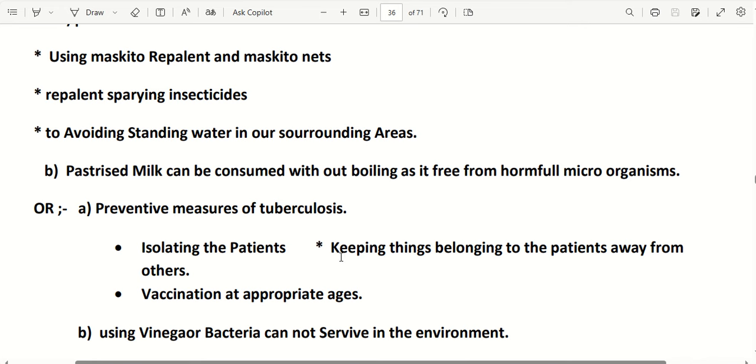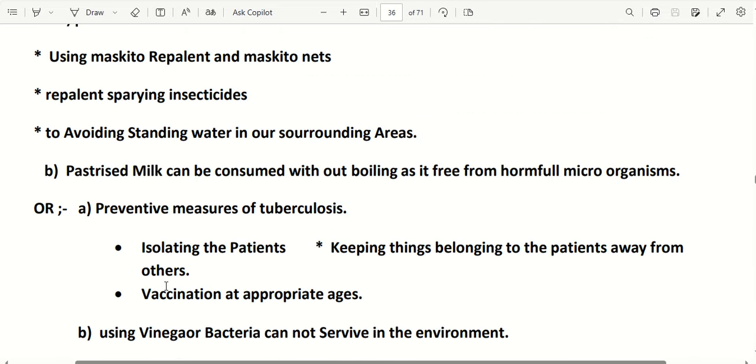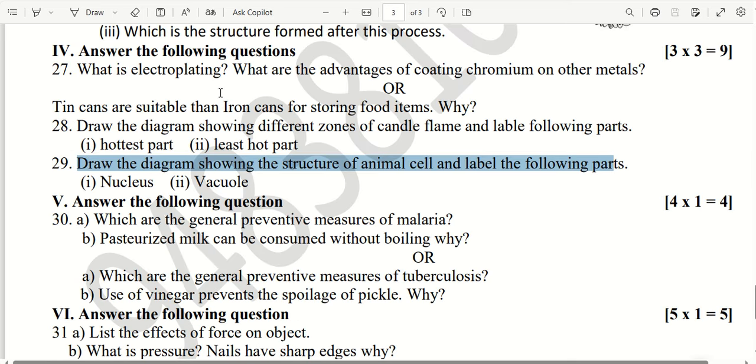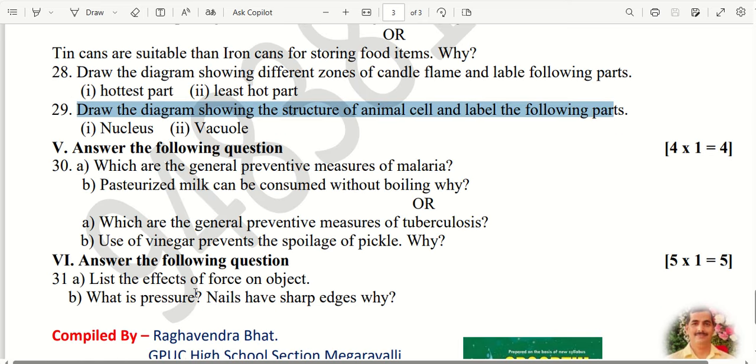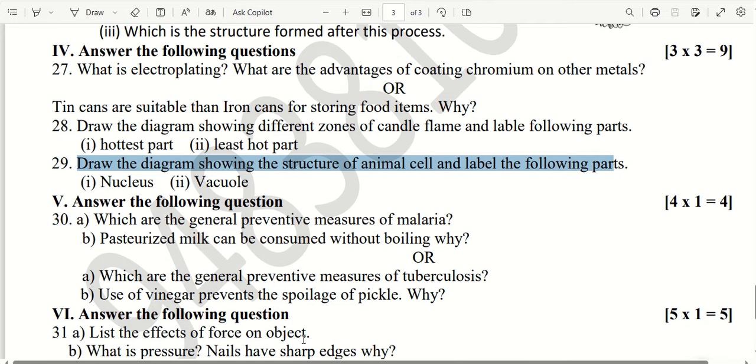Isolating the patients, keeping things belonging to the patients away from others, and vaccination at appropriate ages. Use of vinegar prevents the spoilage of pickles. Why? Bacteria cannot survive in that environment, so we use vinegar for preserving the pickles.